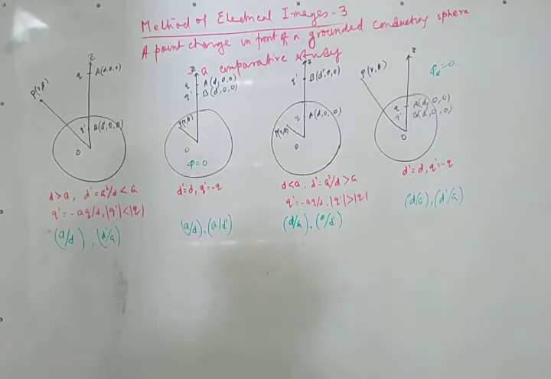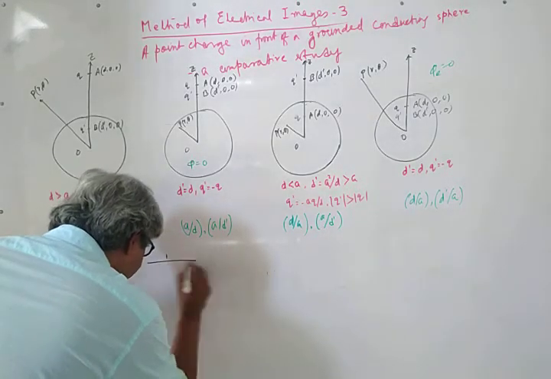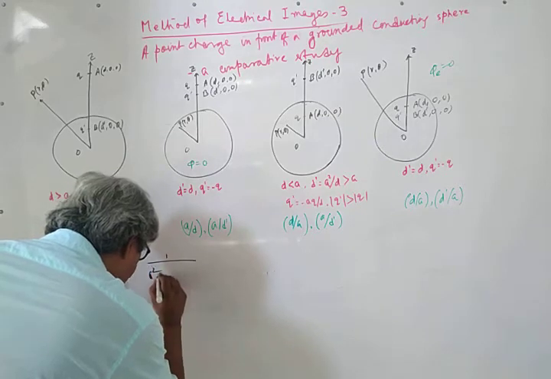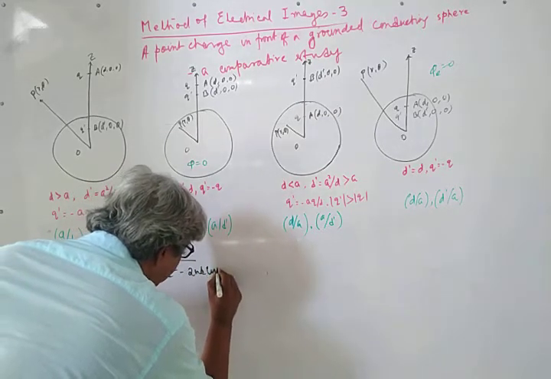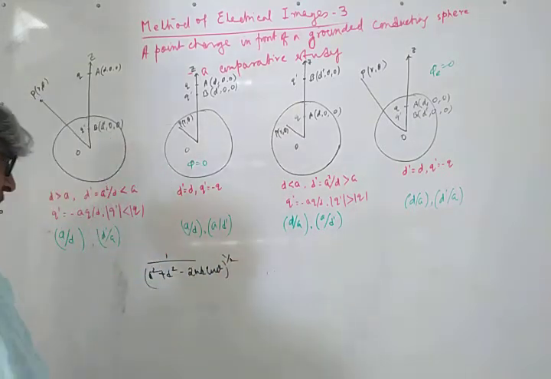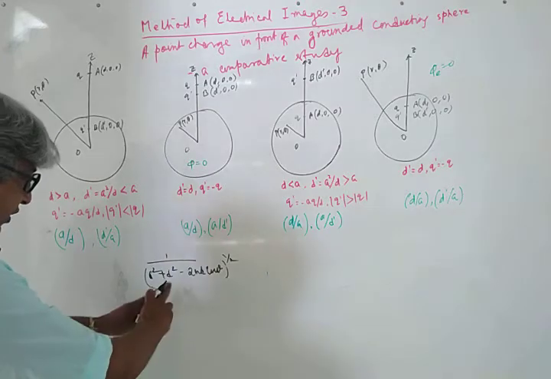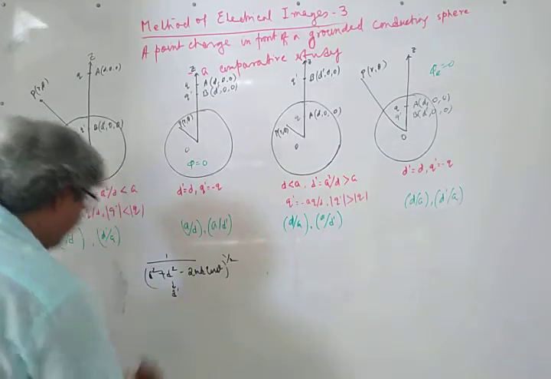In the potential term, if we consider the potential on the surface of the sphere, since the potential is 0, one needs to expand the term like this: 1 upon a square plus d square minus twice a d cos theta to the power half, which arises from the inducing charge, and for the induced charge the corresponding factor where d will be replaced by d prime.